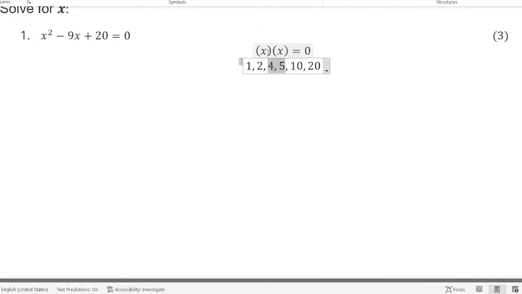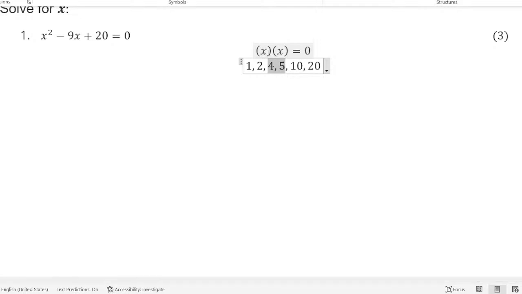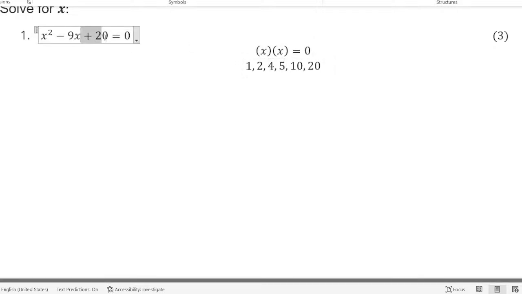Remember, if the last term is positive, we add the factors of the last term to give us the middle term. In this case, the last term is 20, so we add the factors of 20 that give us the middle term, which is 9. Forget about the signs at this moment. We're using 4 and 5.